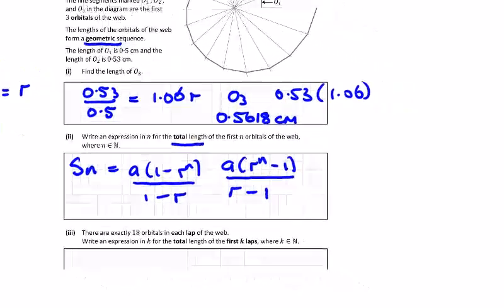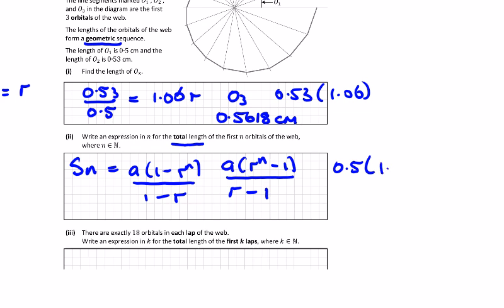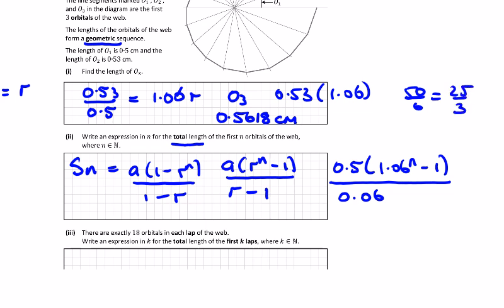So a 0.5 by r, which is 1.06, to the power of n minus 1 over 1.06 minus 1, which is 0.06. So that's going to be 50 over 6, which is 25 over 3. We get rid of the decimals, so we're going to get 25 over 3 by 1.06 to the power of n minus 1.